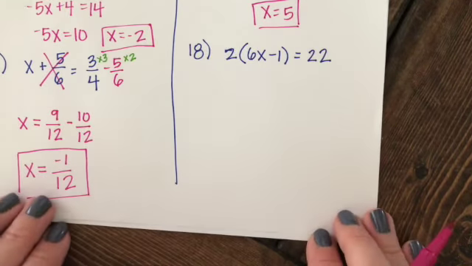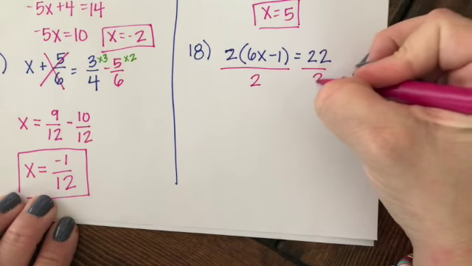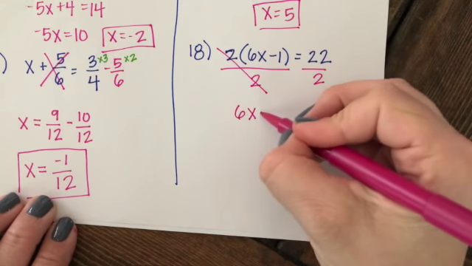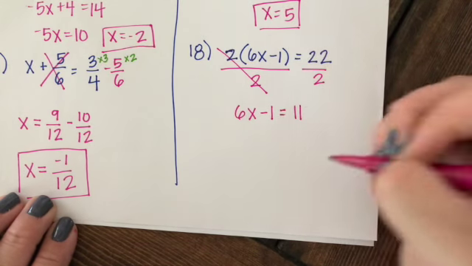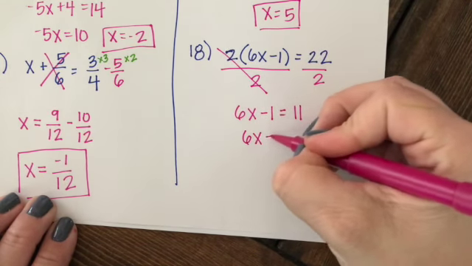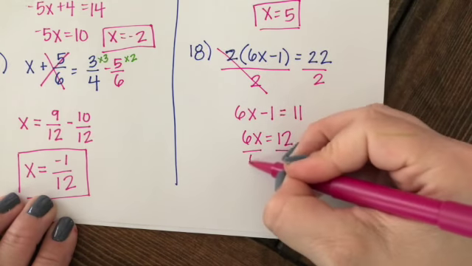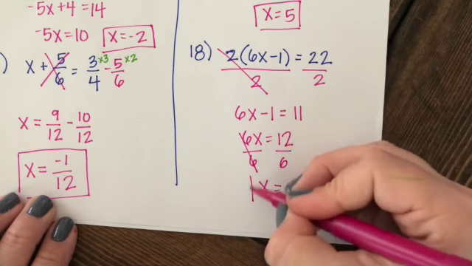And then last, on 18, I'm going to go ahead and divide both sides by 2, which leaves me with 6x minus 1 equals 11. Now I'm going to add 1 to both sides. 6x is 12, and then divide both sides by 6 to get x equals 2.